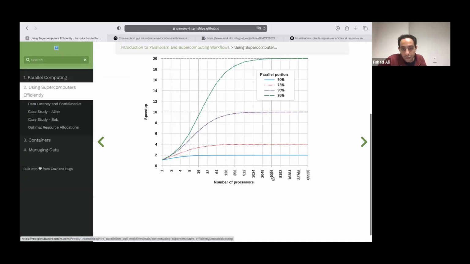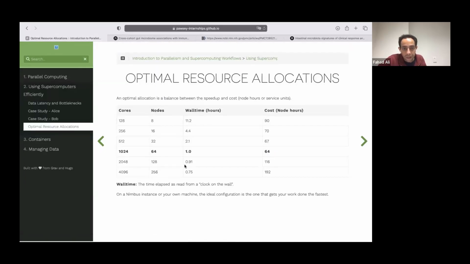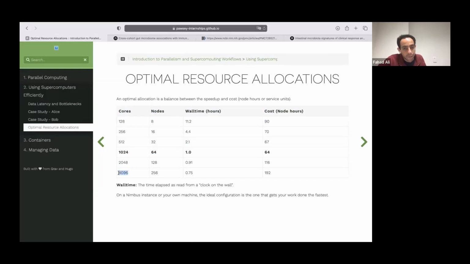If I were to jump up to 4,096, I wouldn't get an appreciable speed up. The time it would take is not going to be very different from 1 hour. It's going to be 45 minutes. That's not a huge speed improvement. It went from like 11 hours to 1 hour, but now I'm only saving 15 minutes by asking for 4 times more processors. And that means that I'm going to get charged much more.